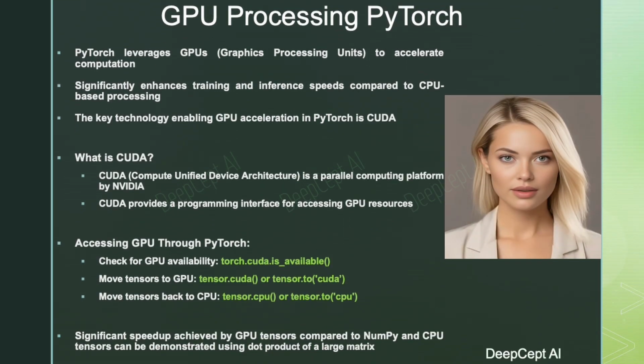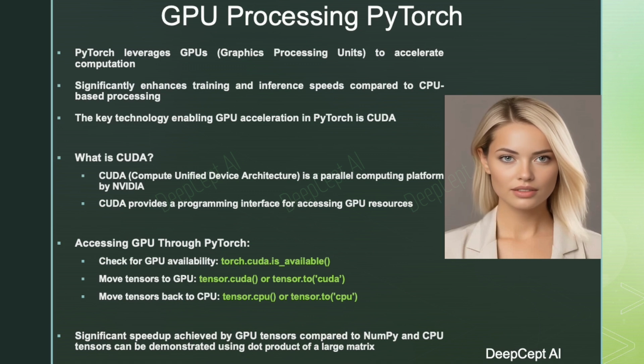GPU-based processing with PyTorch harnesses the immense computational power of GPUs to accelerate deep learning tasks, significantly enhancing performance compared to traditional CPU-based processing. At the heart of GPU acceleration in PyTorch lies CUDA, Compute Unified Device Architecture, a parallel computing platform developed by NVIDIA.